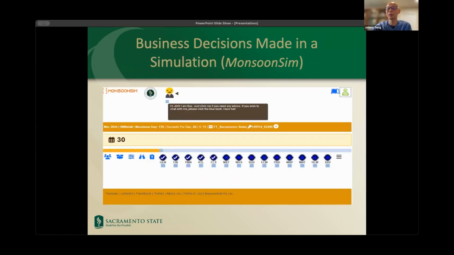You already see the interface of MonsoonSIM. I want to run this very first run and make it very simple.